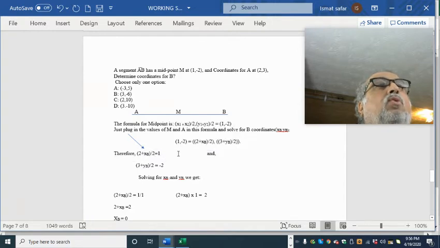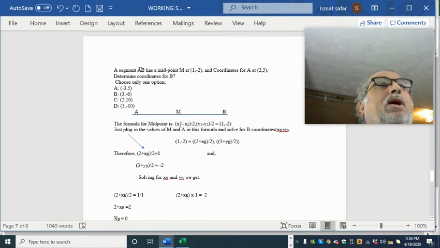So this whole thing equals 1, because we said the x coordinate is x1 plus x2 over 2.